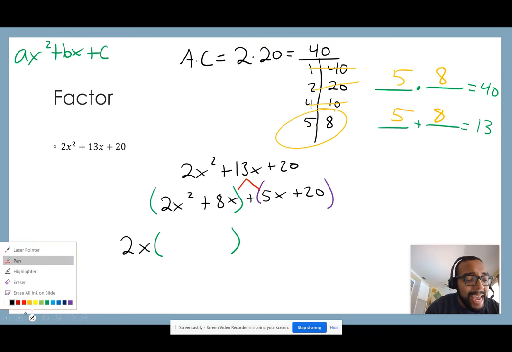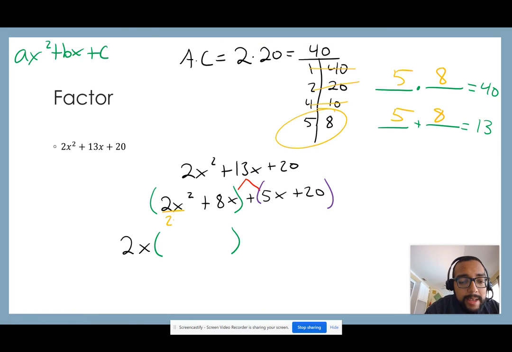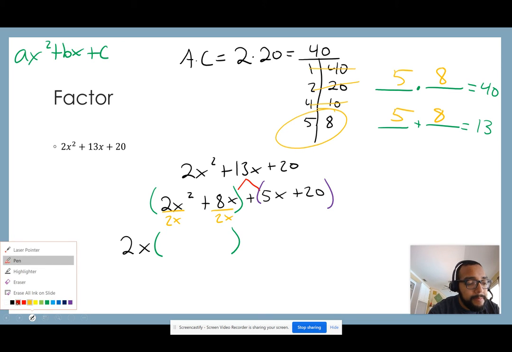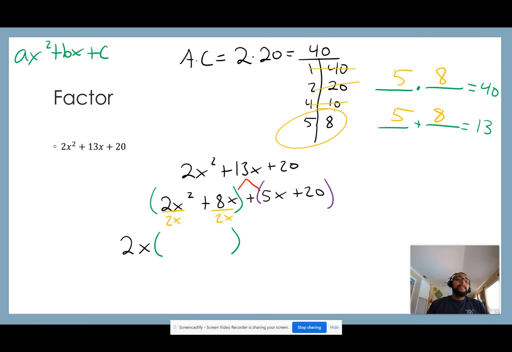And when I'm saying I'm taking out or I'm factoring out a number, I can say I'm dividing by that greatest common factor. Which is nice because 2x squared divided by 2x isn't too bad. Break it apart. 2 divided by 2 is just 1. And then x squared divided by x would be just x. Okay? 8x divided by 2x.